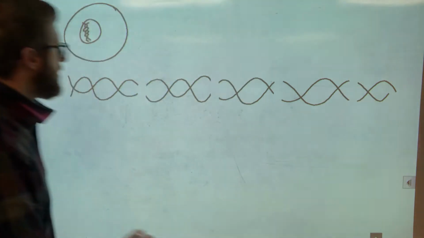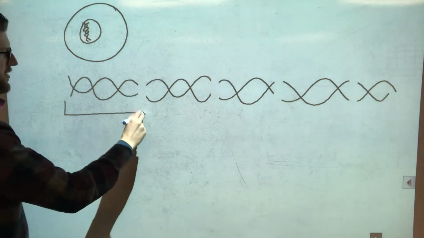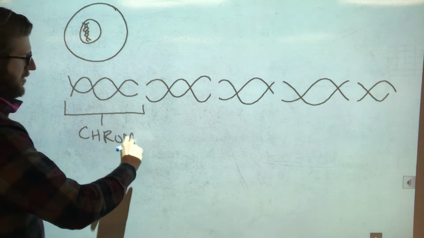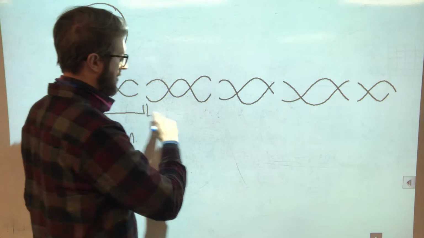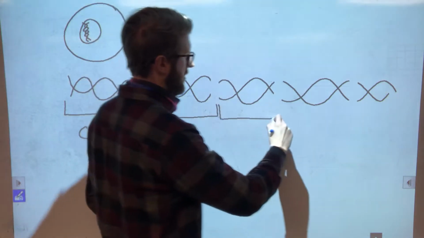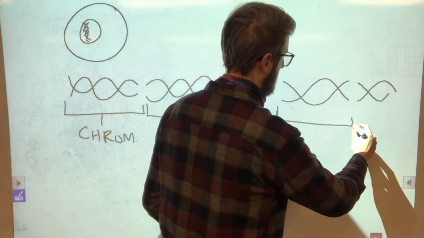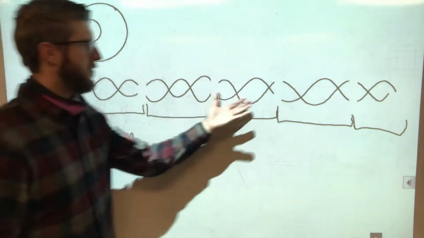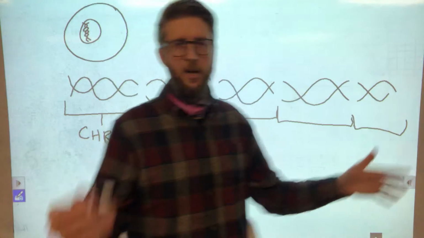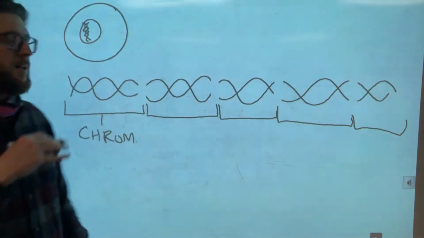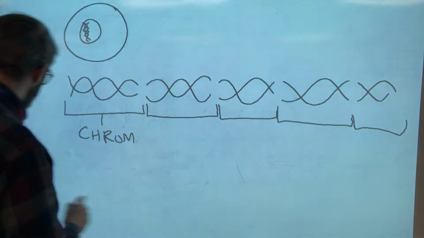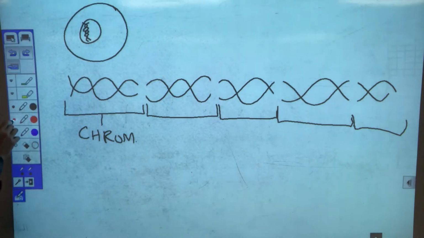Okay? So, this is a chromosome. This is a chromosome, this is a chromosome, this is a chromosome, and this is a chromosome. Each of these chunks of the DNA are chromosomes, and each chromosome is actually broken up into even smaller chunks that we call genes.